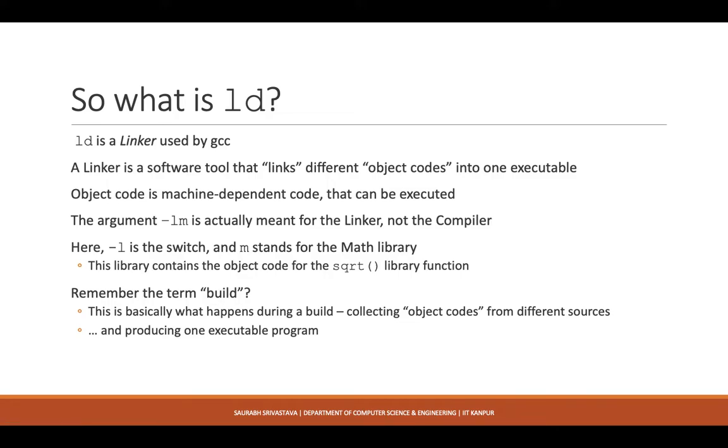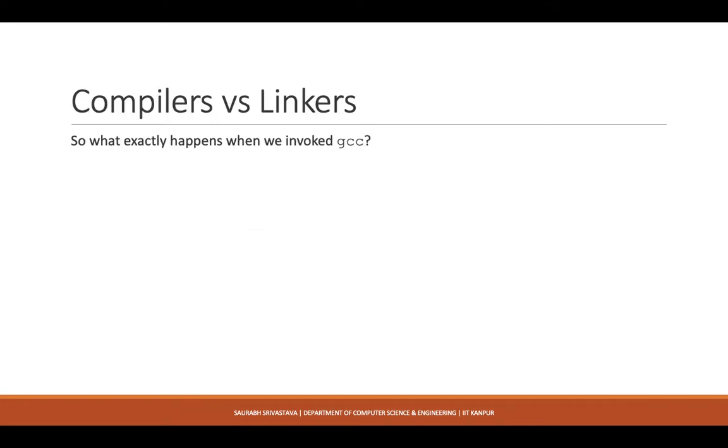Some of you were a bit confused about what exactly the term build means. This is what build means: you collect object codes from different sources, and then you put them together into one executable program. This is what the linker does. It brings together code from different sources, and then produces one executable out of it.